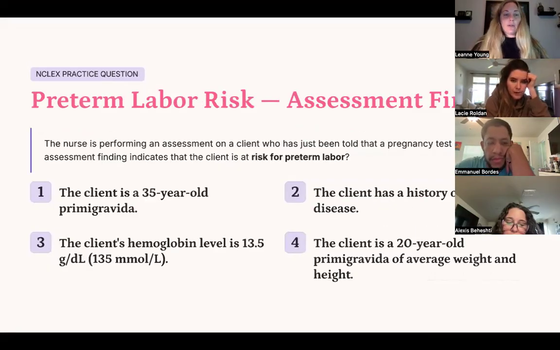Next question. The nurse is performing an assessment on a client who has just been told that a pregnancy test is positive. Which assessment finding indicates that the client is at risk for preterm labor?